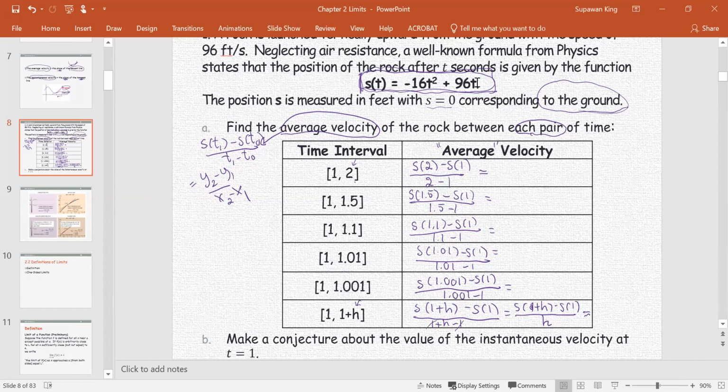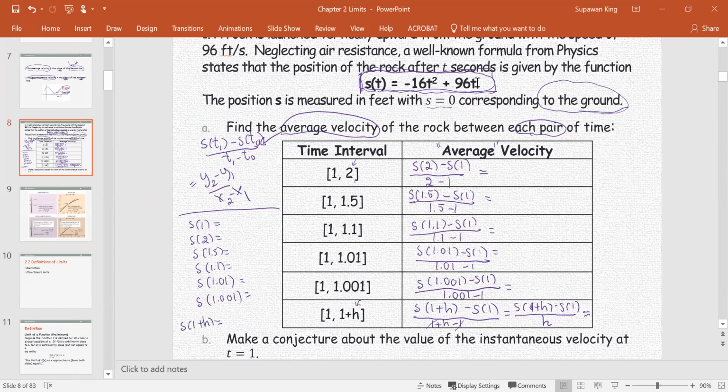Now, what I would like you to do: for each one of them, we need the function values s(1), s(2), s(1.5), s(1.1), s(1.01), s(1.001), and the last expression will be s(1 + h).